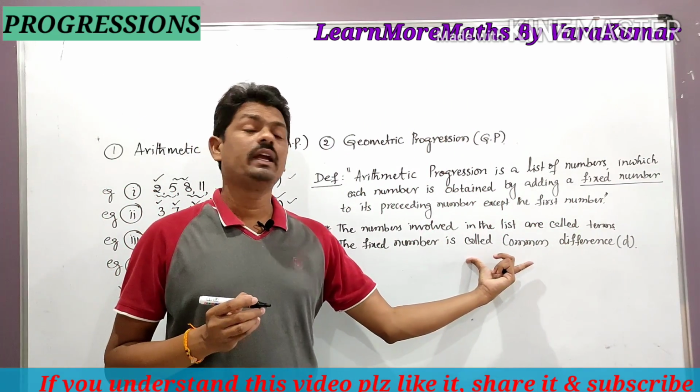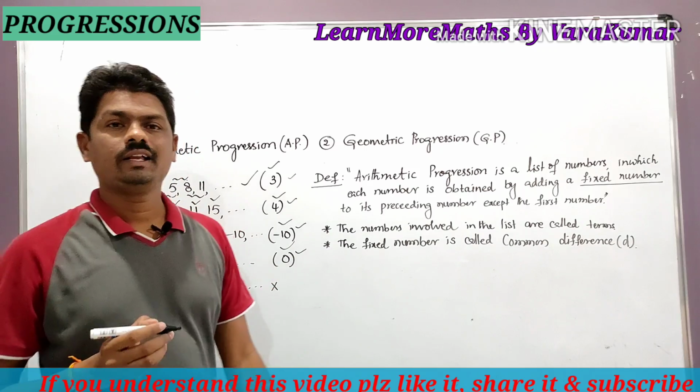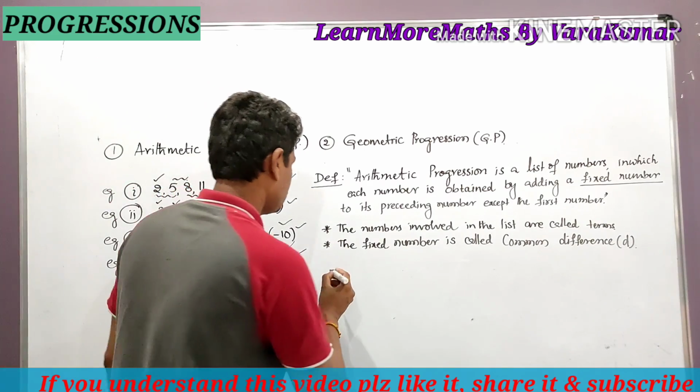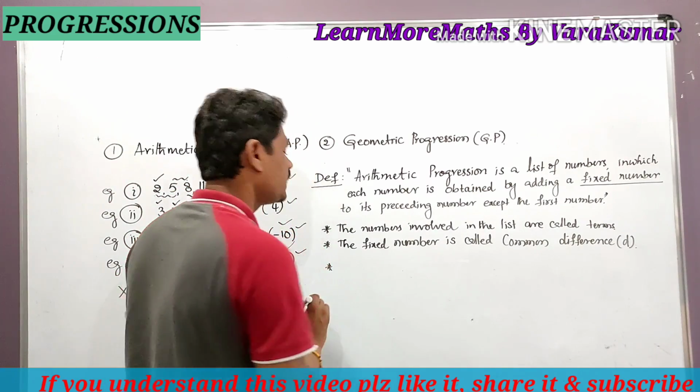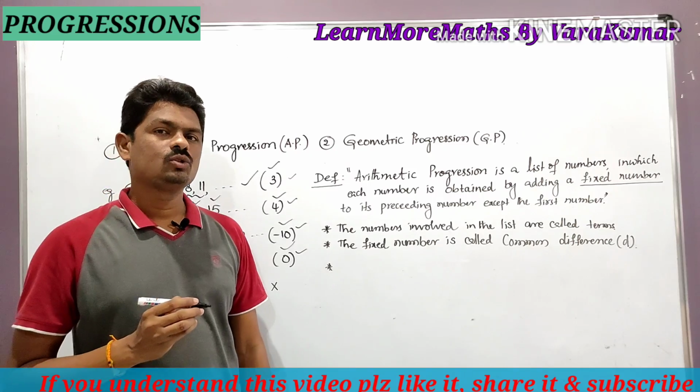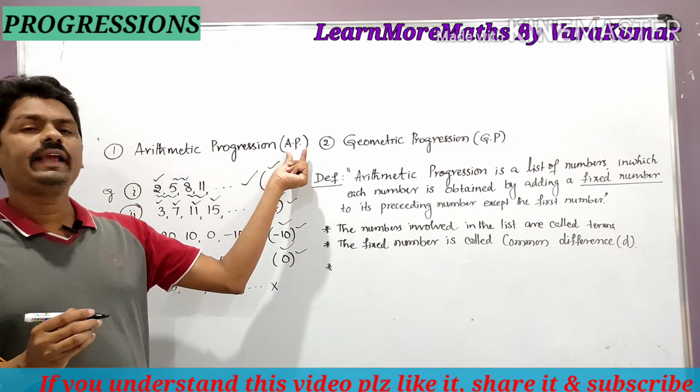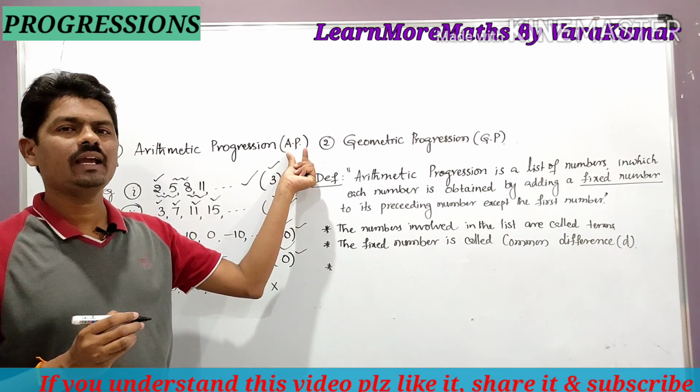Common difference. It is denoted by small d. In an arithmetic progression, simply it is denoted by AP.